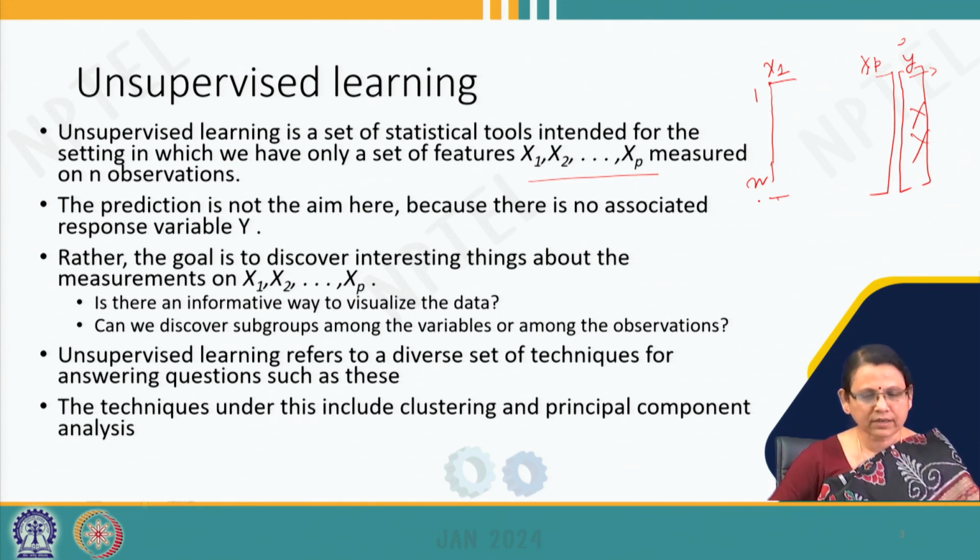So, what could be those interesting things? Is there any informative way to visualize the data? Can we discover subgroups among the variables or among the observations? When it comes to the first one, to visualize the data, in 2 dimensions we can conveniently visualize it, but if the data consists of multiple dimensions, how are we going to visualize it?